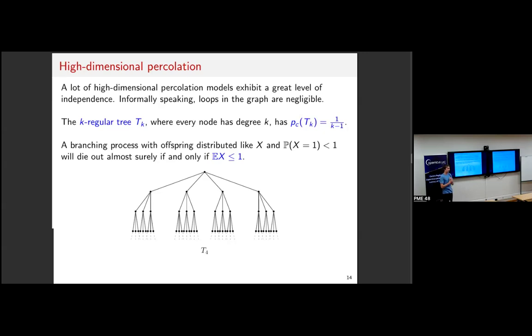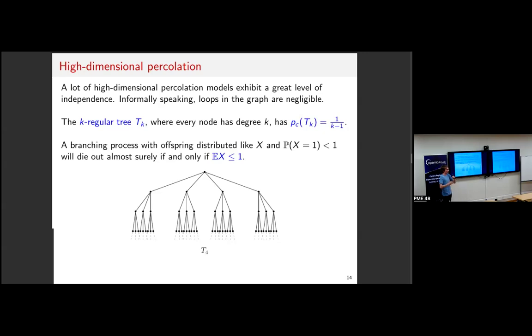And there's this famous result that you maybe saw in some probability course: for a branching process, the threshold for an infinite component is when the expected number of offspring is 1. So 1 divided by k minus 1 is exactly the threshold where, if you set p to this, the expected number of offspring is 1.